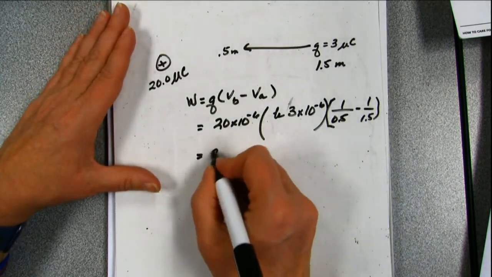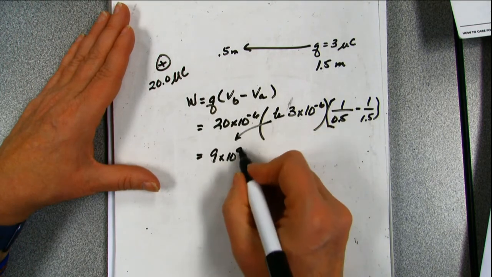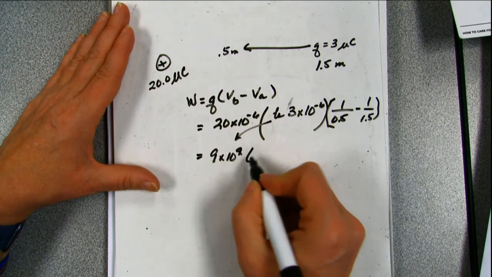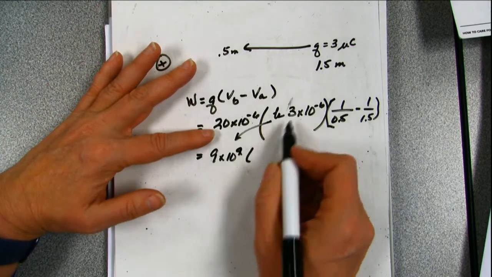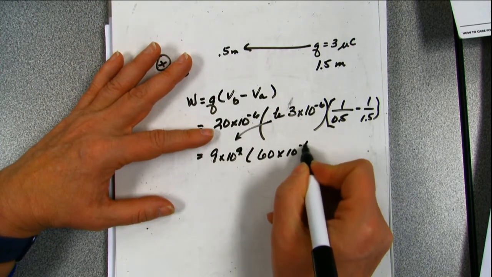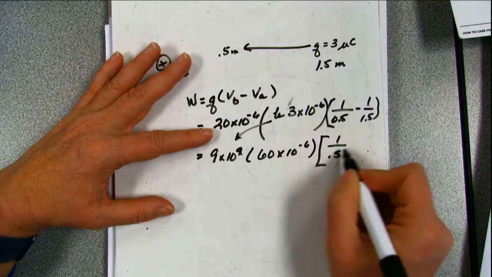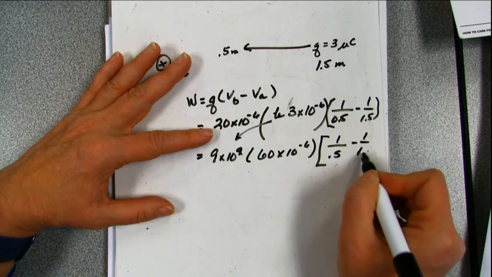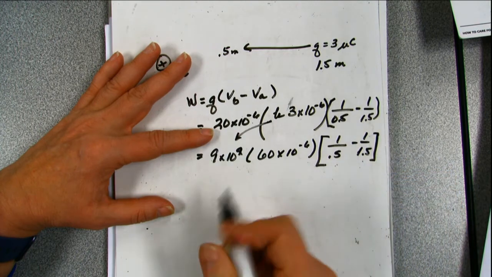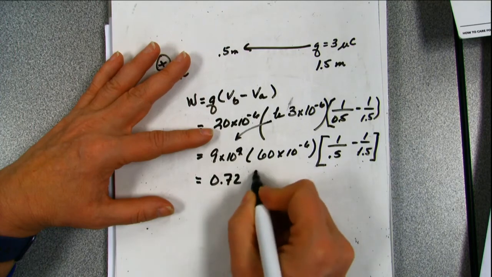So I'm going to end up with 9 times 10 to the 9th, because that's the k, and 3 times 20 is 60, 60 times 10 to the minus 6, times 1 over 0.5 minus 1 over 1.5. And that will end up being 0.72 joules.